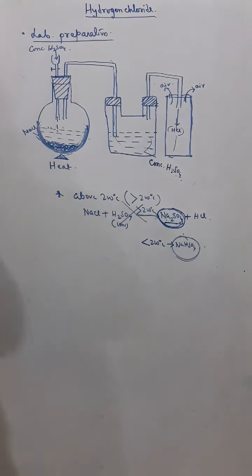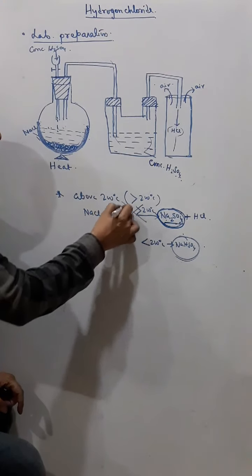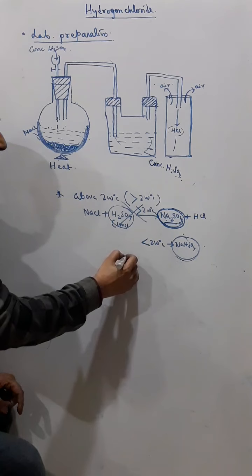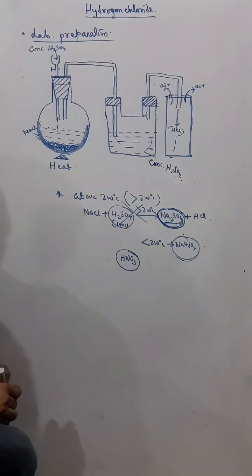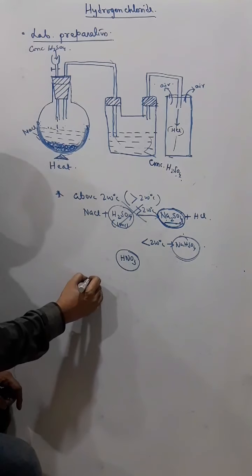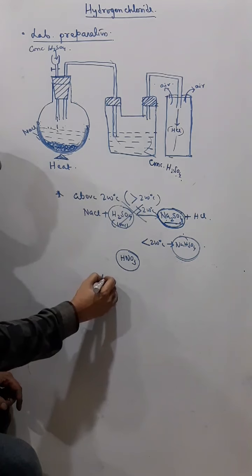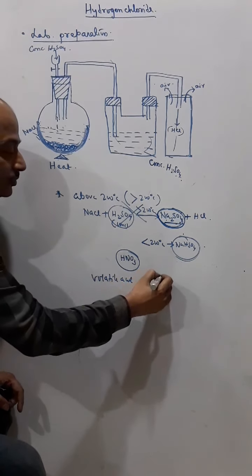Another question they ask is why we use concentrated sulfuric acid, and why we don't use nitric acid. First of all, understand volatile acid and non-volatile acid.